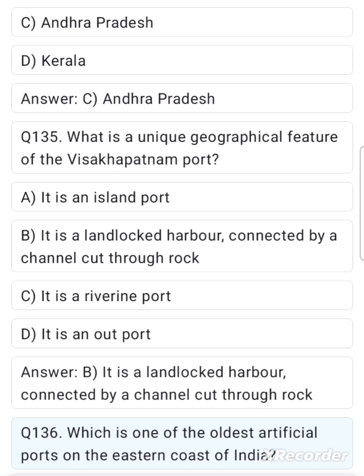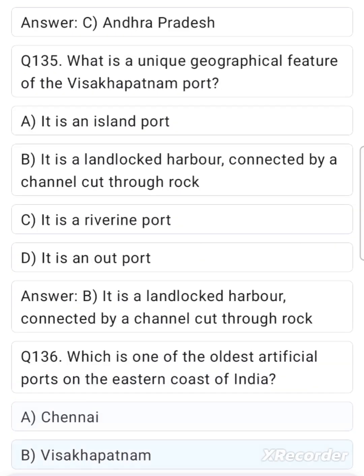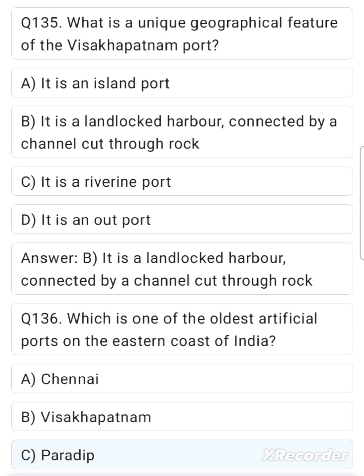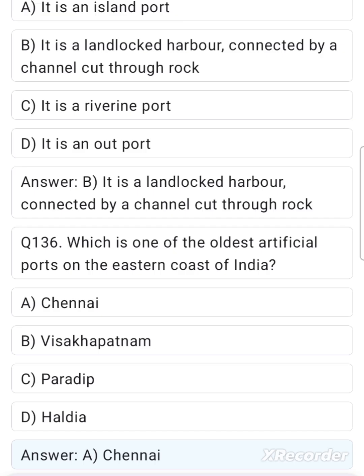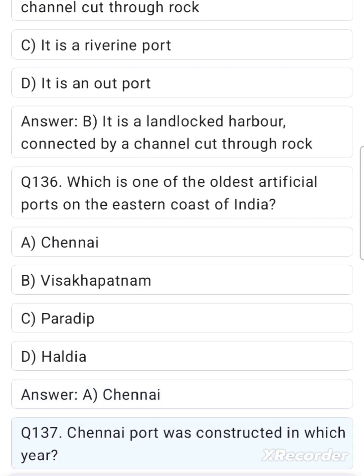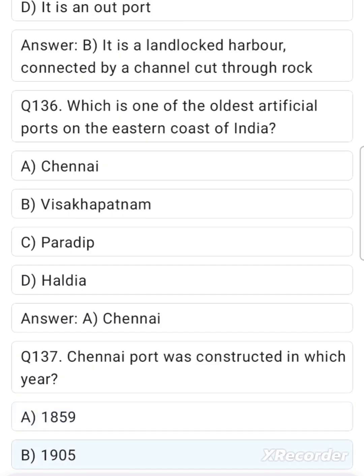Q136. Which is one of the oldest artificial ports on the eastern coast of India? A. Chennai. B. Vishakhapatnam. C. Paradip. D. Haldia. Answer A. Chennai. Q137. Chennai port was constructed in which year? A. 1859. B. 1905.